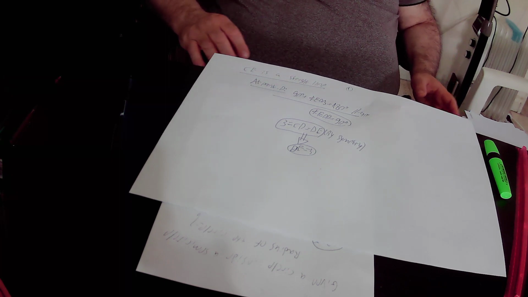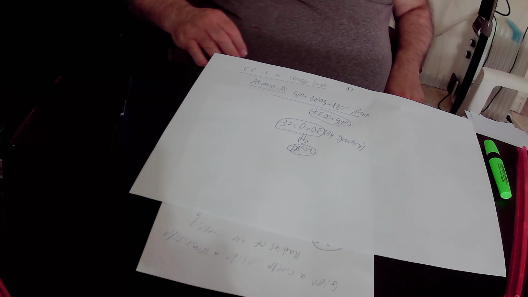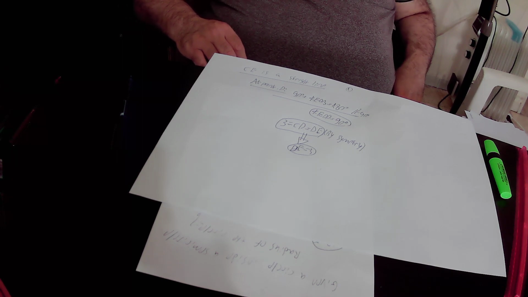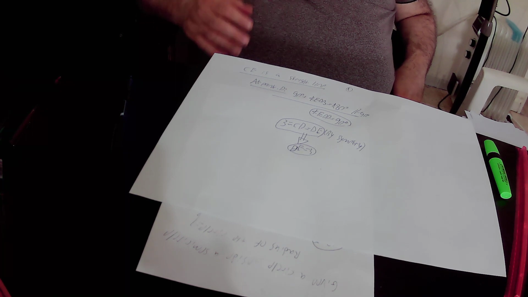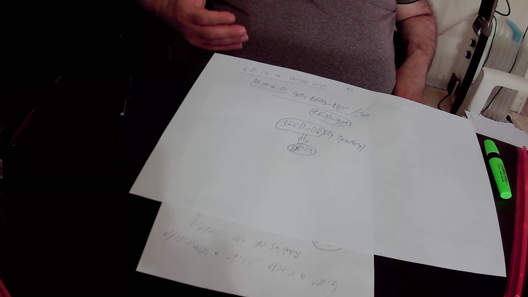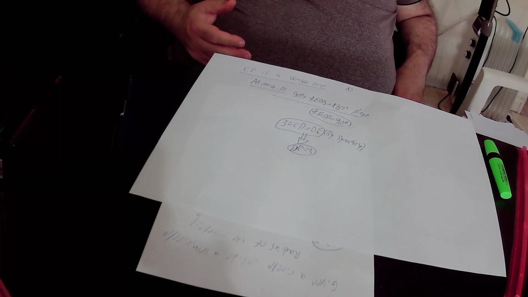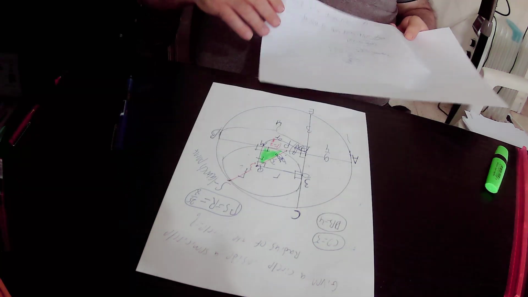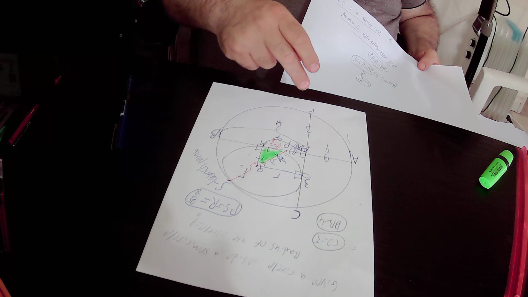Why? Because when you look in a mirror at yourself, you see yourself exactly in the same dimensions as you are in reality, but in the opposite direction. And exactly the same rule is true for line segment CD and line segment DE.